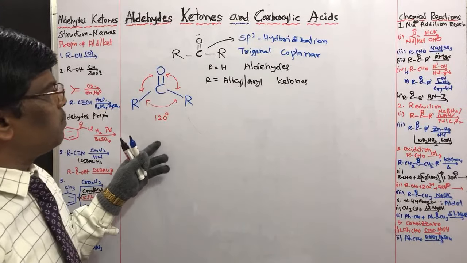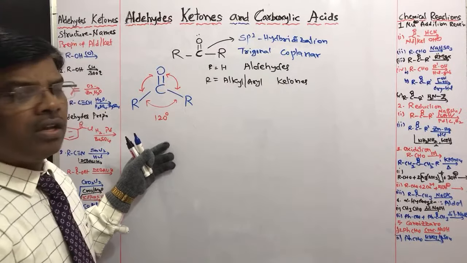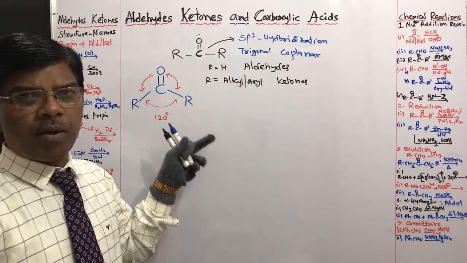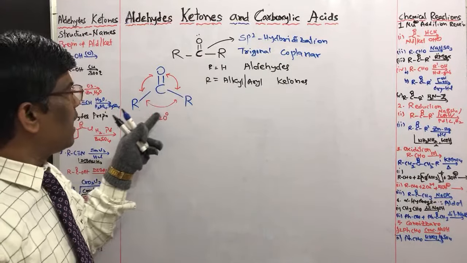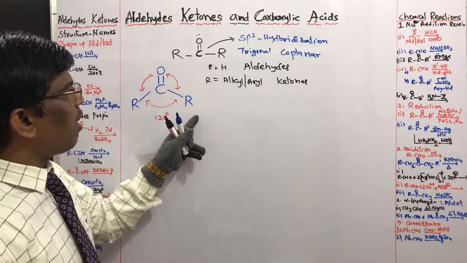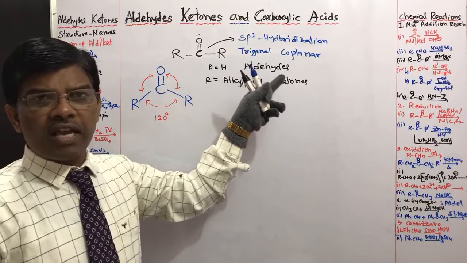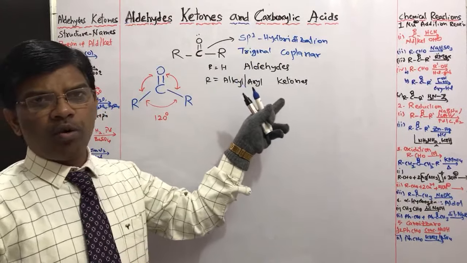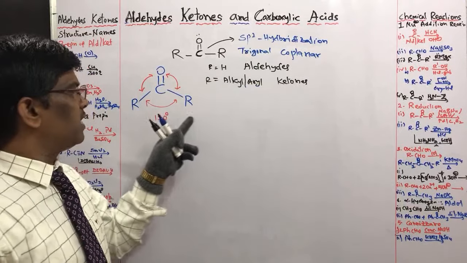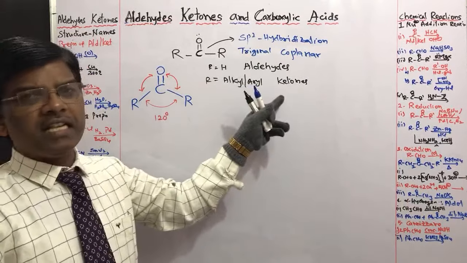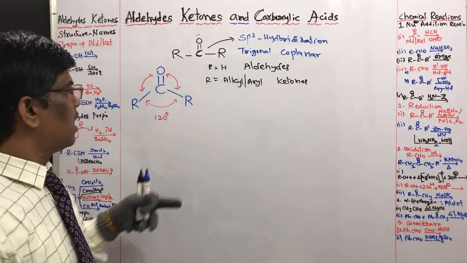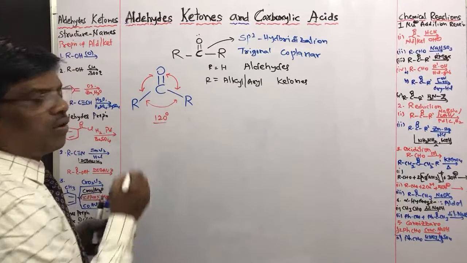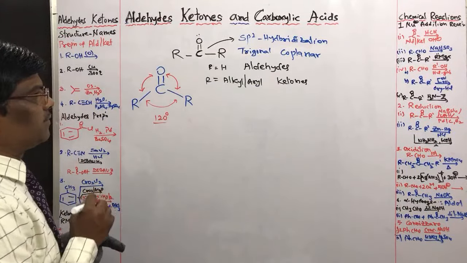So it is an sp2 hybridized molecule where carbon has a double bond with oxygen. If R equals hydrogen, they are known as aldehydes, and if R is alkyl or aryl groups on two sides, then it is known as ketones. Yes students, the bond angle is 120 degrees and 120 degrees.